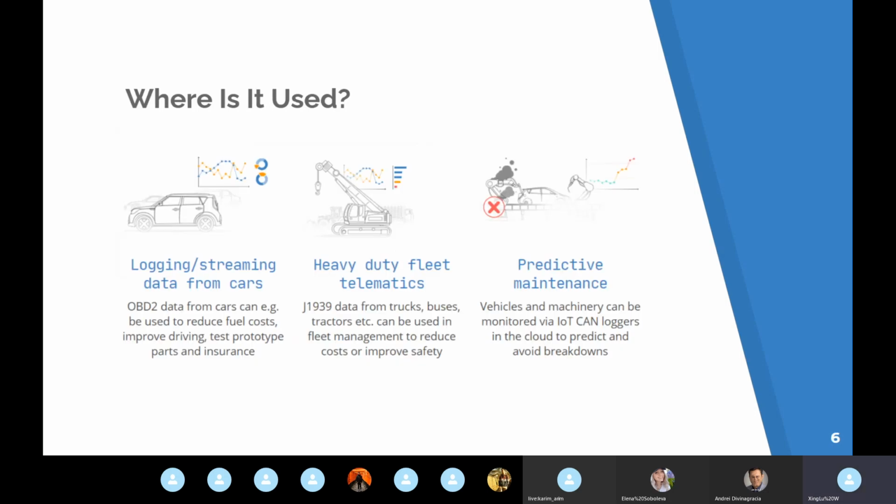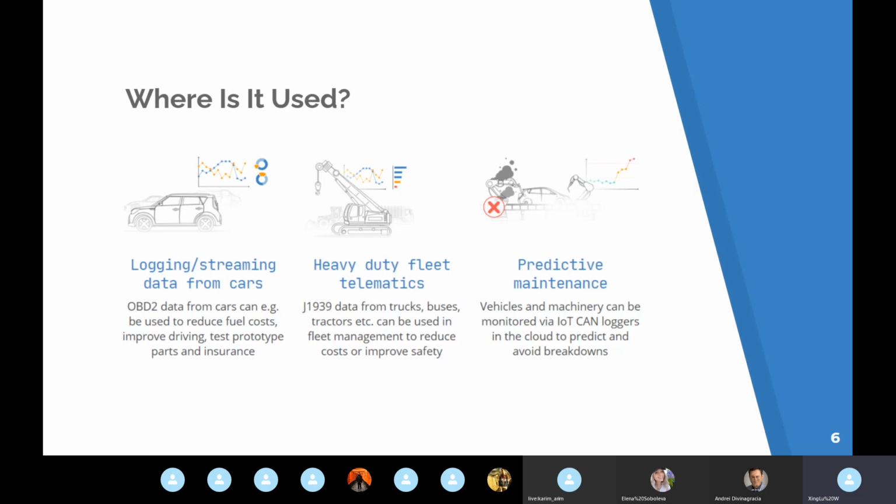So where is CAN used? CAN is used in a lot of industrial applications. Most of the time, you'll hear about it being used in cars and trucks and large semi trucks and trailers. Also for commercial and industrial machinery, such as cranes, anything that's a large vehicle, and a lot of robotics as well, like manufacturing lines.